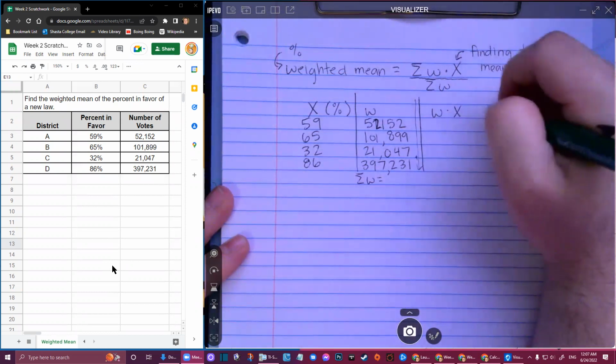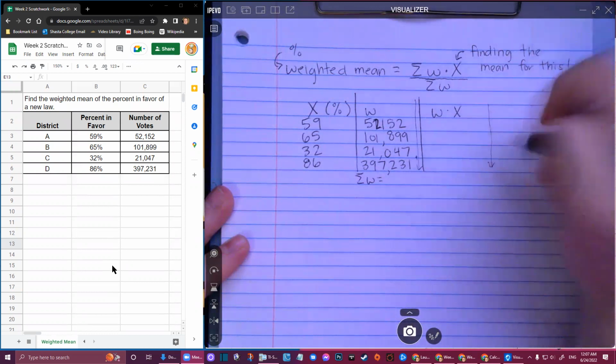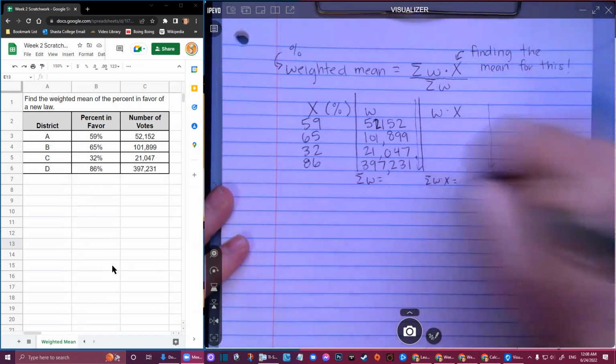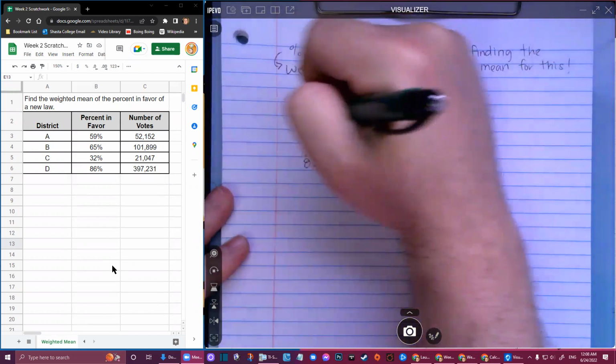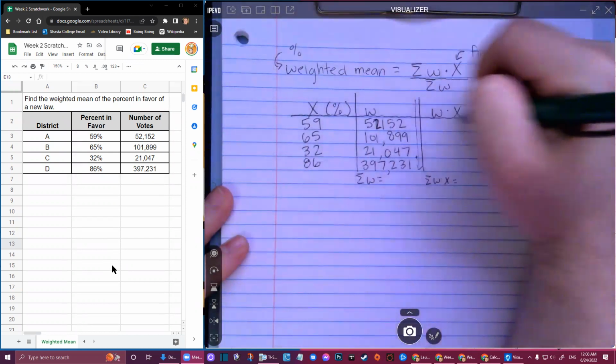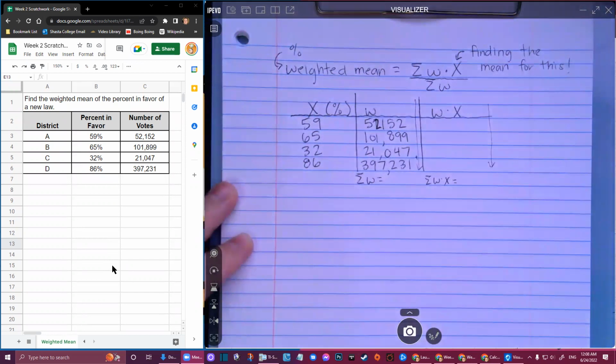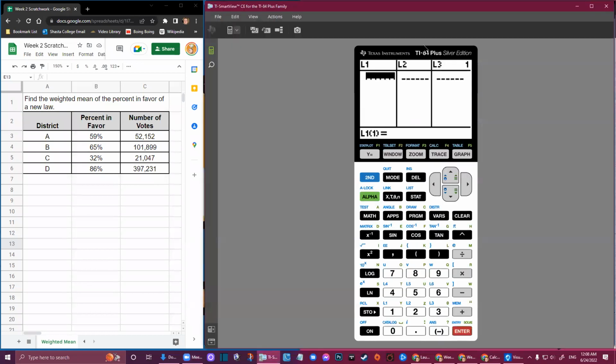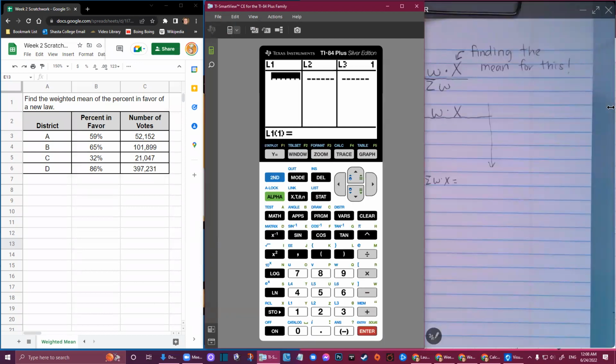And then I'm going to want to add down that column to get the sum of the weight times X. So before I start calculating, I'm going to multiply across this table and do W times X. This is something that we can use a calculator for. I'm going to pull my TI-84 up here so that we can do that really quick.